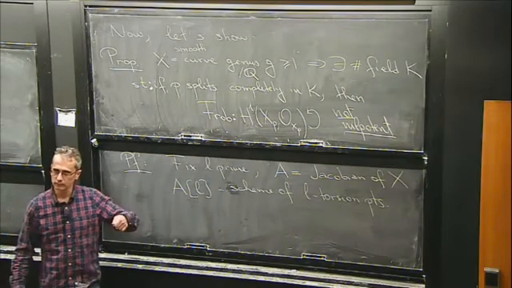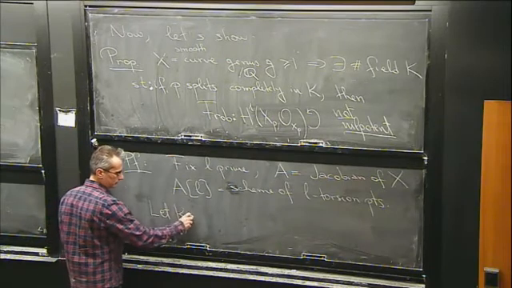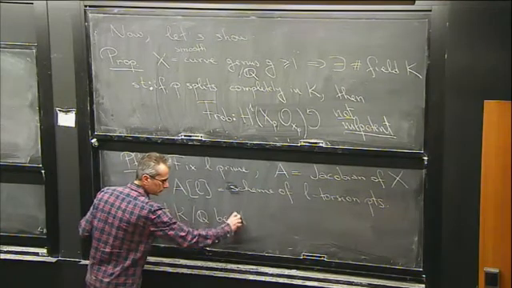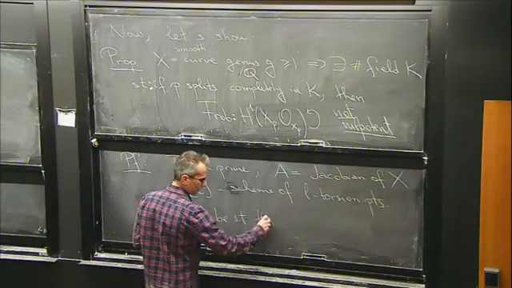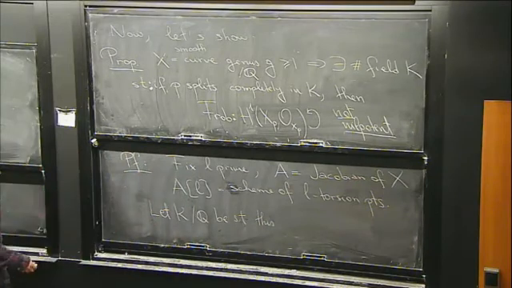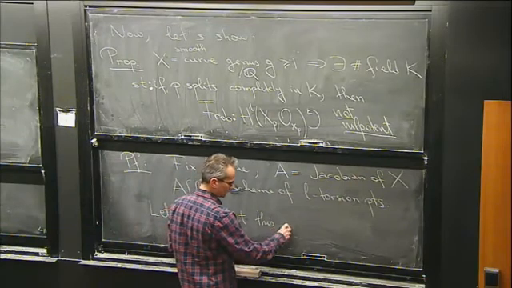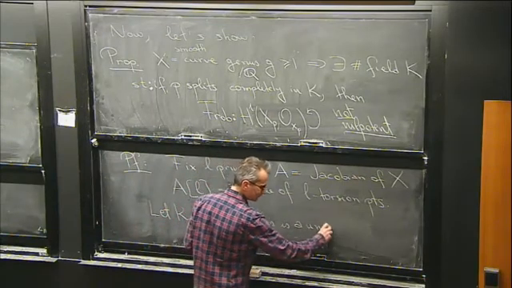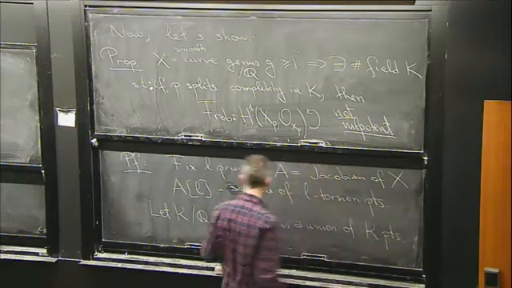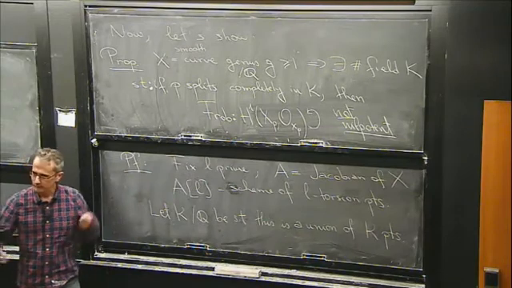So this is where the number field comes in the picture. Let K over Q be such that this is a union of copies of K. Basically, you're adjoining coordinates: if I look at the points in Q bar, I adjoin their coordinates.